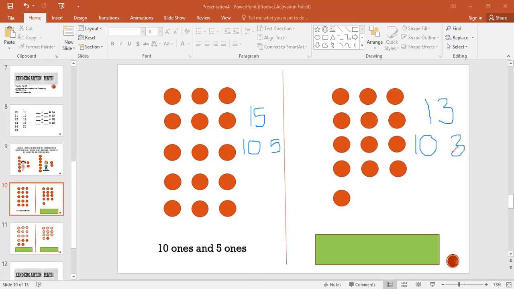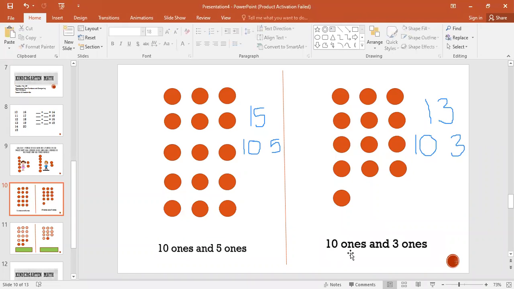That is showing how we can break up 13. So 13 means 10 ones and 3 ones. Make sure we're always saying 10 ones first, and then how many ones left over. 10 ones and 3 ones.